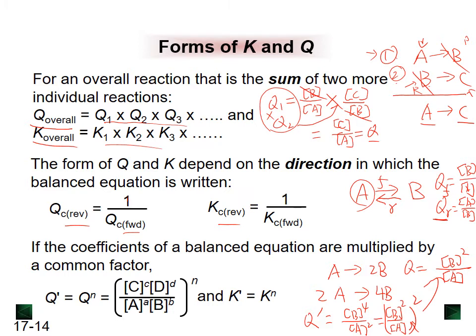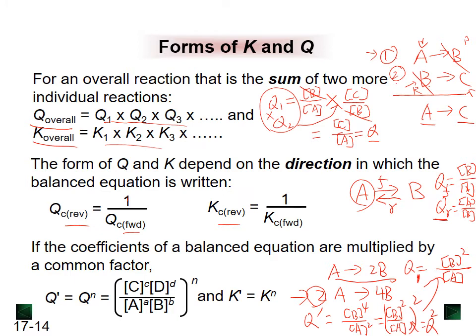So if this is Q for this reaction, and this is Q prime after you multiply a common number, then Q prime is the original Q to the 2nd power, which is the number you multiply on both sides, the common number.